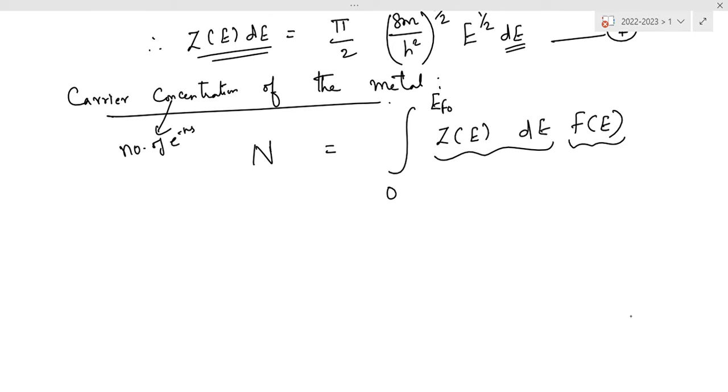This is a probability function, the probability of distribution of electrons in the energy levels.